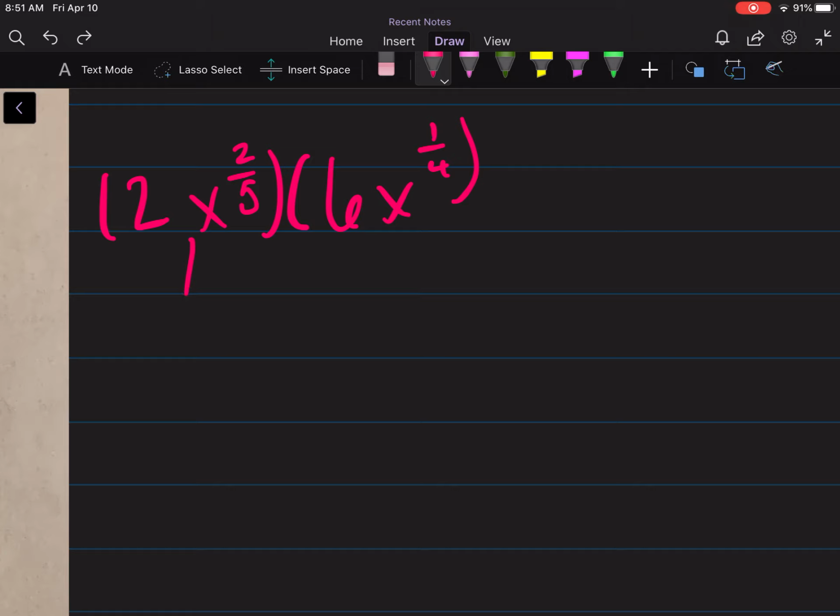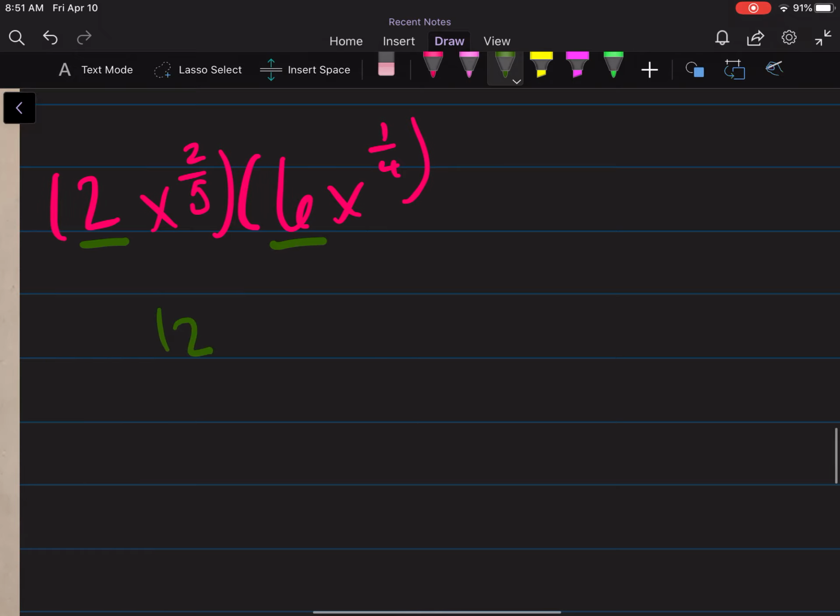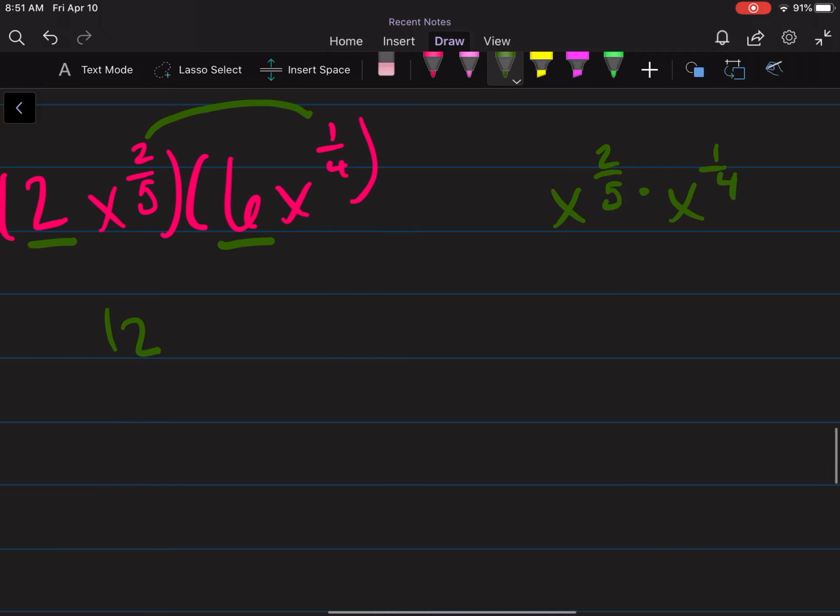So what we're going to do is multiply, because parentheses mean multiply, the like terms. This 2 times 6, because those are like terms, is 12. Now over here we have x to the 2/5 times x to the 1/4. So these are multiplied times each other.